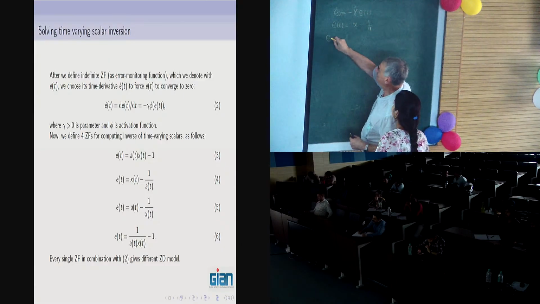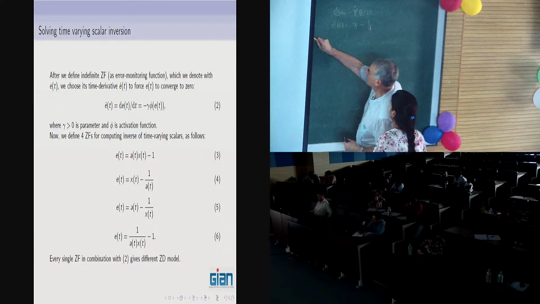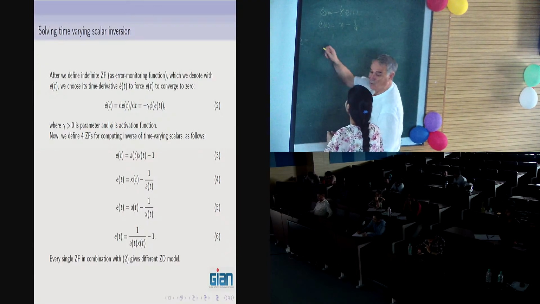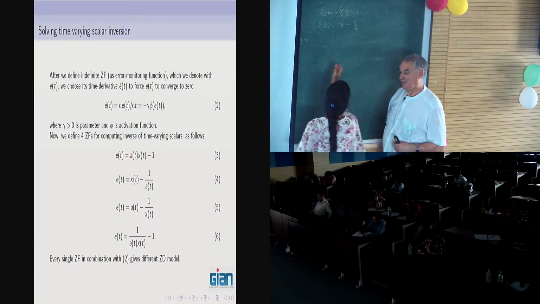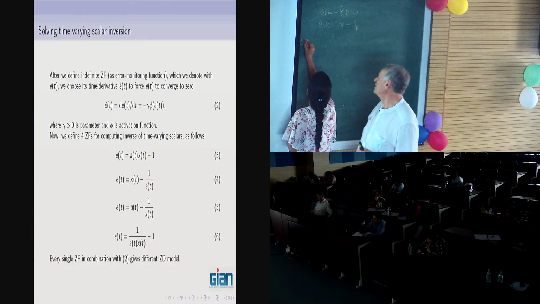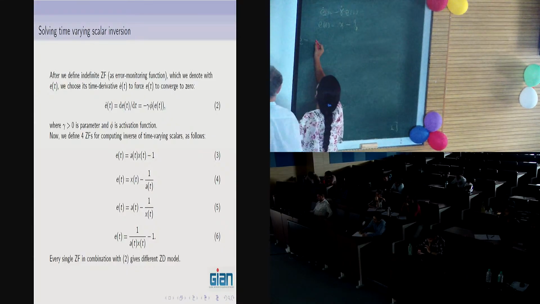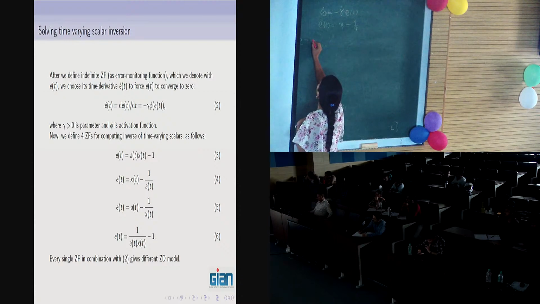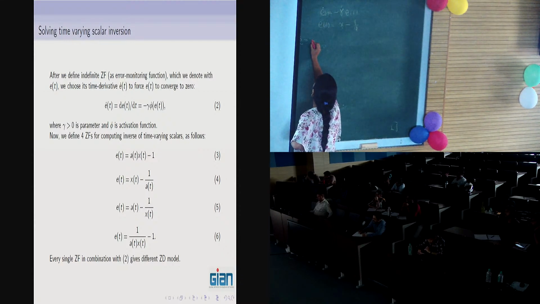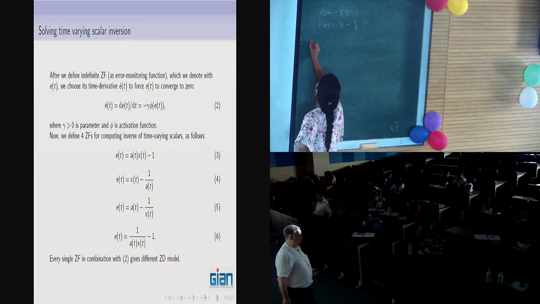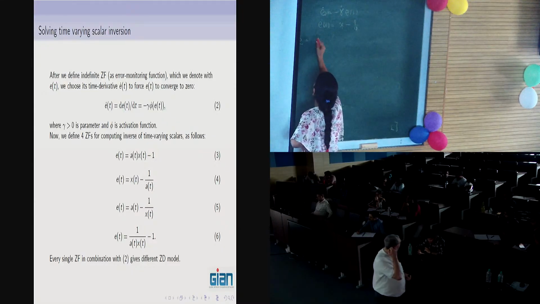Okay, then E dot is equal to x dot, then the composite function, chain rule.